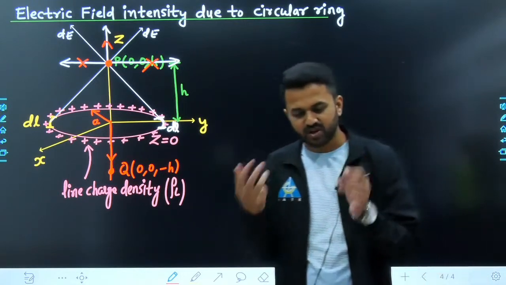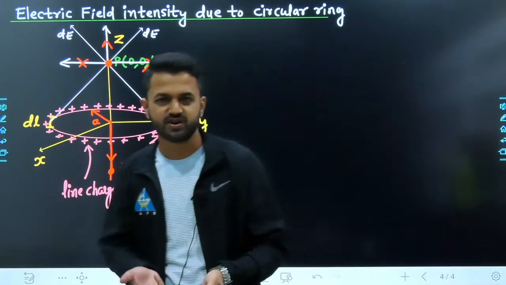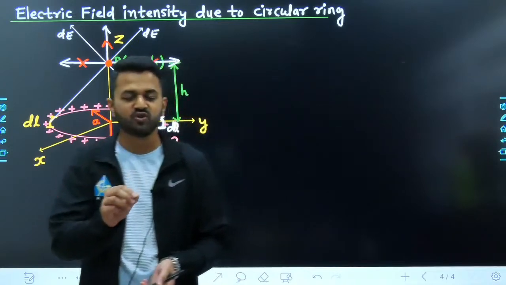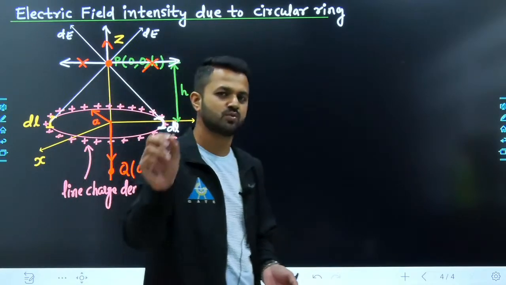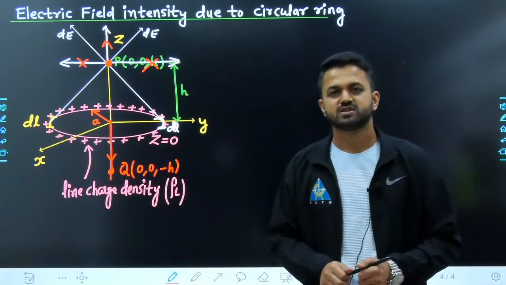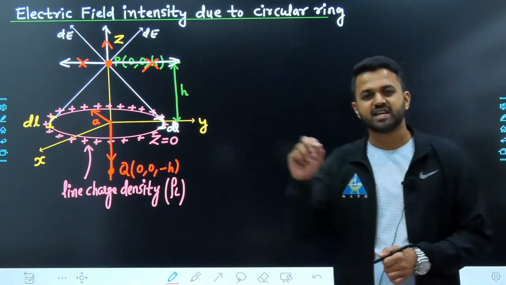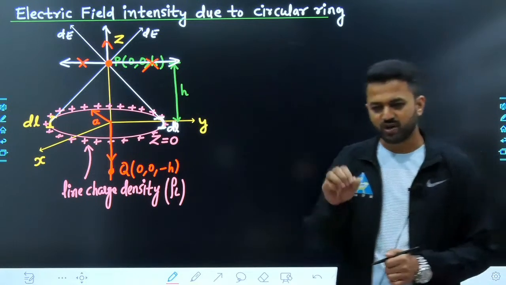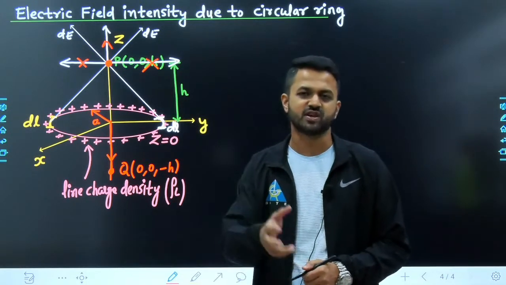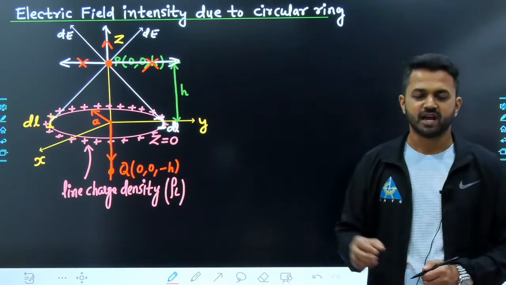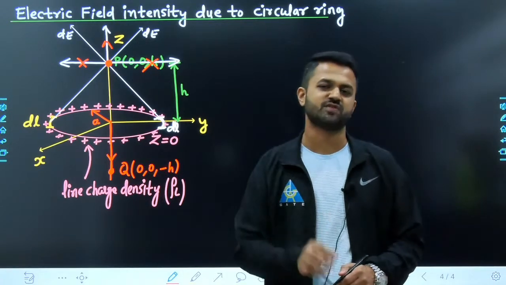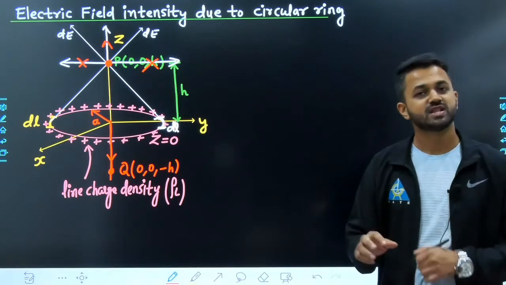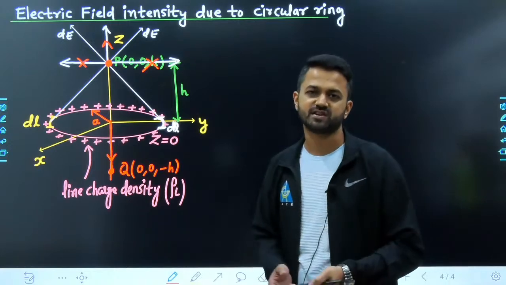Whatever charge configuration is given to you, you should move from that charge configuration to the point of interest. The direction in which you are moving gives you the direction of the electric field. If you move in the positive z direction, it is positive z. If you move in the negative z direction, the electric field is negative z. In this way you have to decide the direction of the electric field.